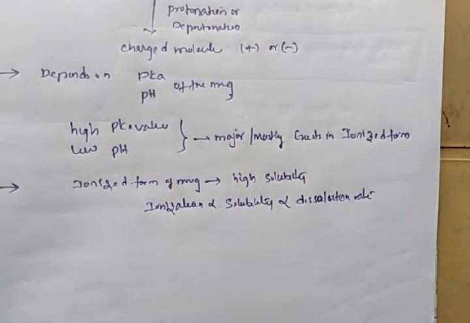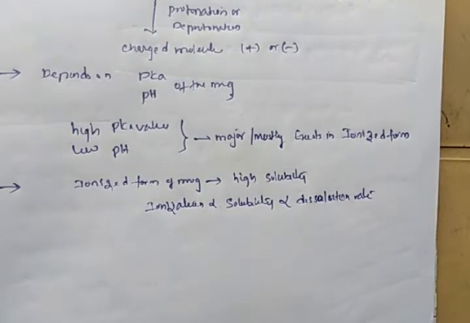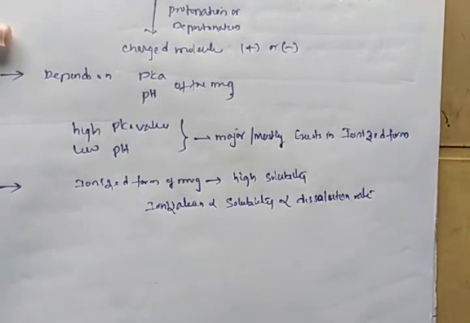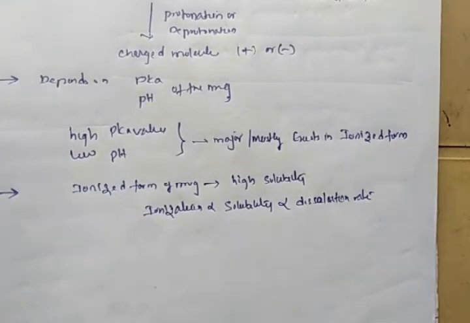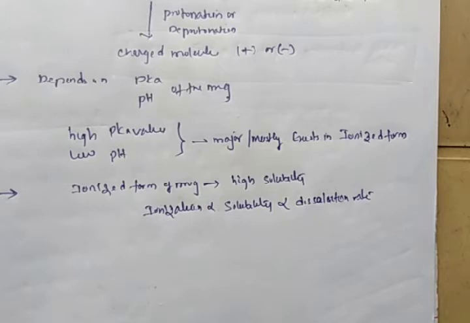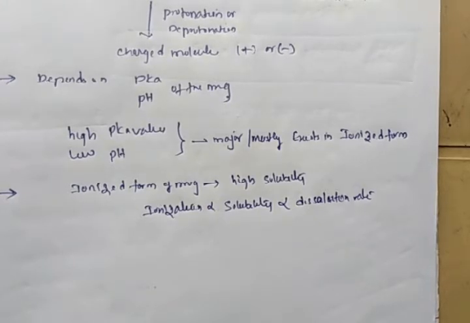As well, the solubility is directly proportional to the dissolution rate. A drug which undergoes more ionization easily dissolves in the solvent, and as it is easily solubilized, the rate of dissolution will be more. So for ionized drug molecules, we can get quick solutions. Drugs which have high pKa value and low pH value mostly exist in ionized form.